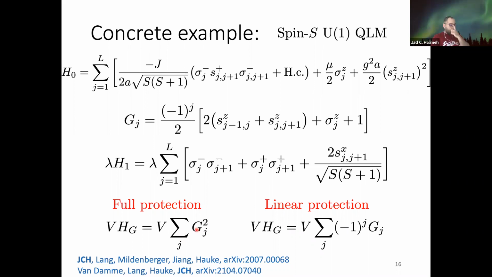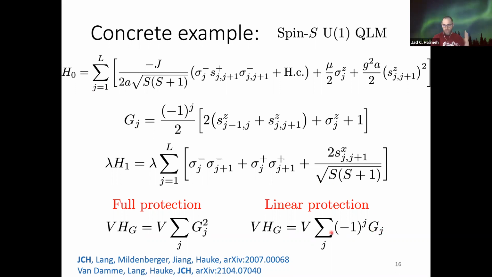But we also found out that you can do something extremely simple and in a way stupid. You introduce the following linear protection term, which is as experimentally easy to implement in your ultra cold atom setup as H0 itself. So you just take a staggered configuration of the generator of Gauss's law.